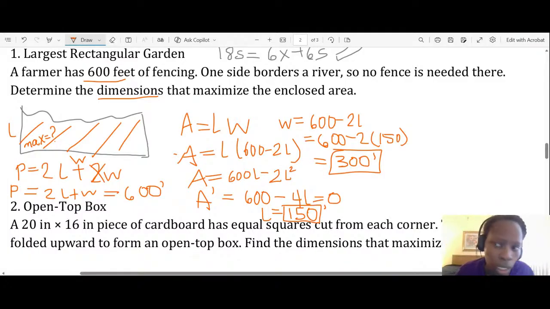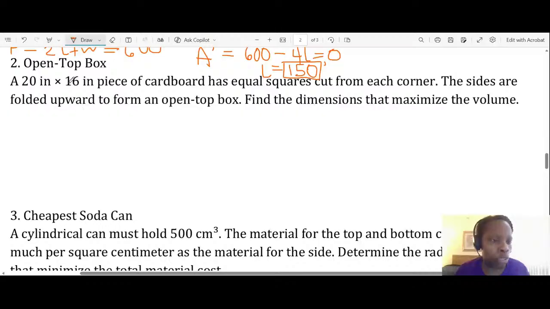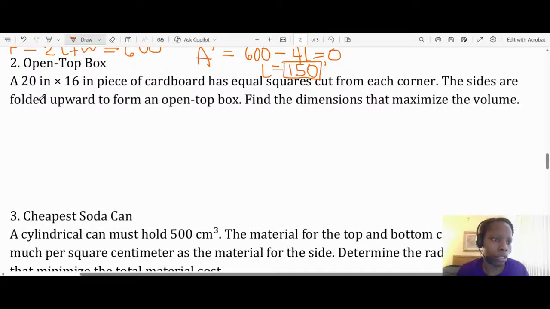All right. Let's move right along to number 7. An open top box.